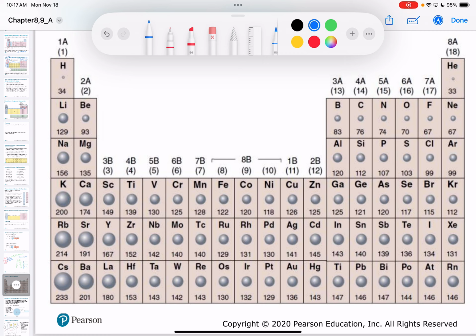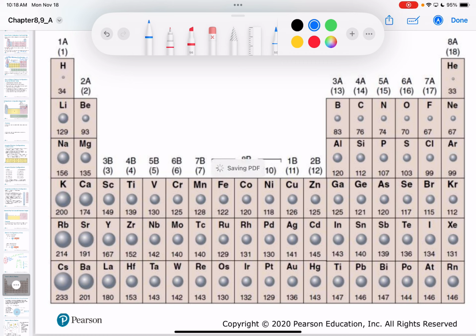It should be apparent pretty quick that if I'm adding a shell every time, the atom's going to get bigger. Those electrons need space. If I have one layer of electrons, that's going to be a smaller atom. If I have 2 layers of electrons, that's going to be bigger. And that's why we see the size increasing as you go down a column.